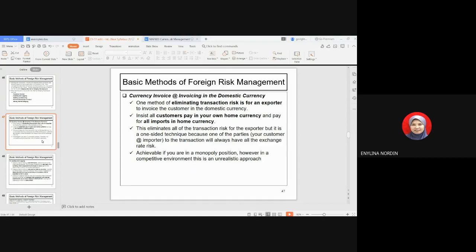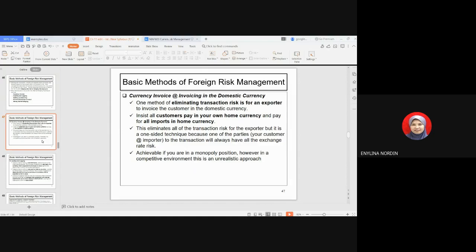Why is that? Because as the company transfers the risk to the foreign customer or foreign supplier, it will make them not happy with the strategy. It would create negative consequences, where they will move to other sellers or other suppliers.